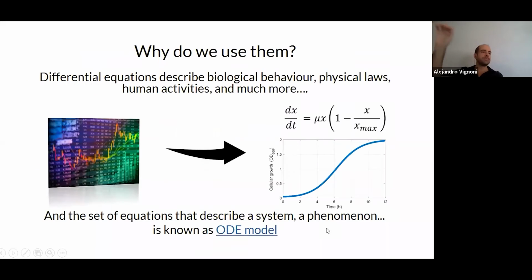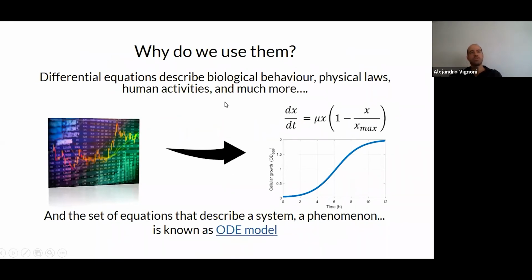Okay. Why do we use them? Because differential equations describe biological behavior, physical laws, human activities, and much more. Here there is a very small example of, for example, the biomass of cells in a culture. The rate of change of this variable x depends on the growth rate and on the maximal capacity of the system.